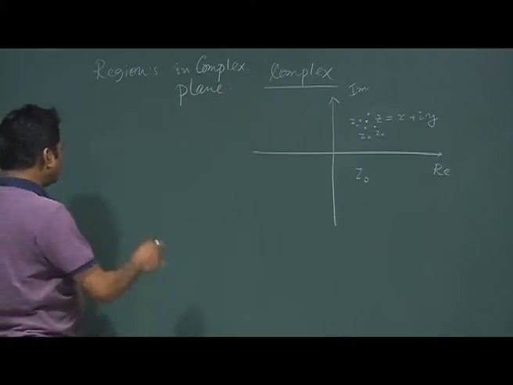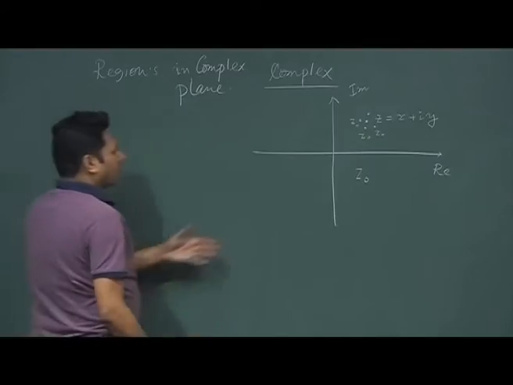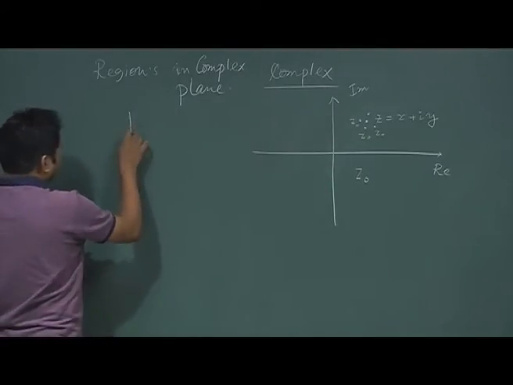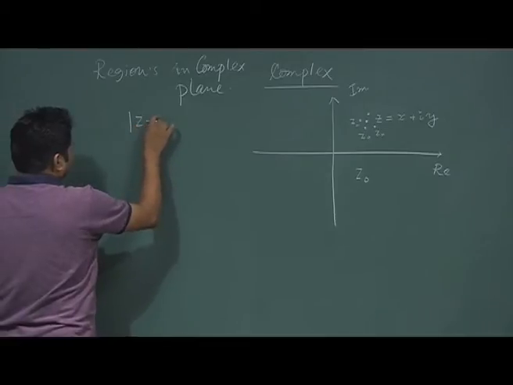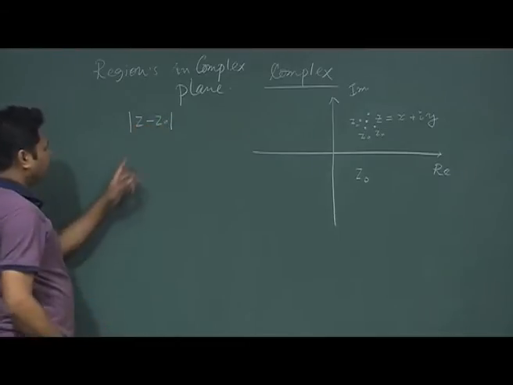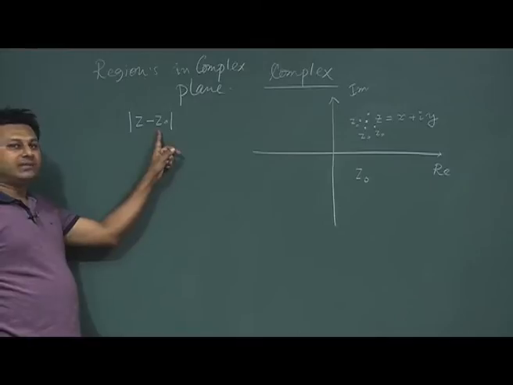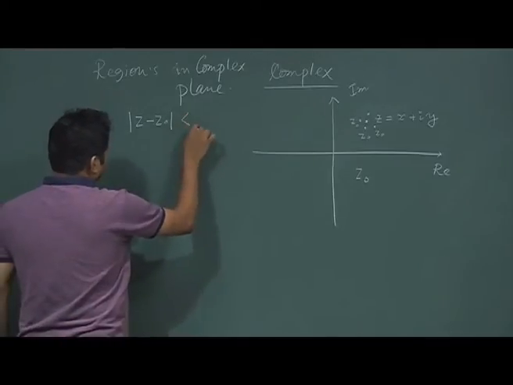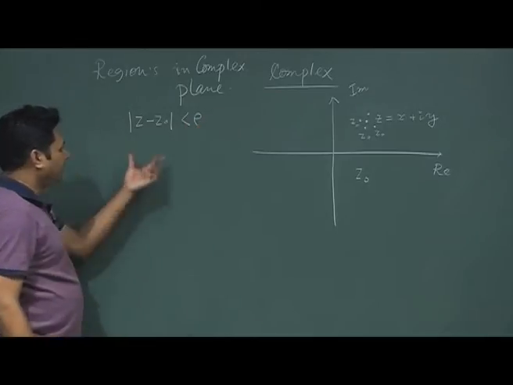What is the meaning of region? So this is my complex plane I already described. Now I try to find the point z which is very close to z0. In similar notation, I should write that mod of z minus z0 is less than or equal to rho. What is the meaning of this statement?